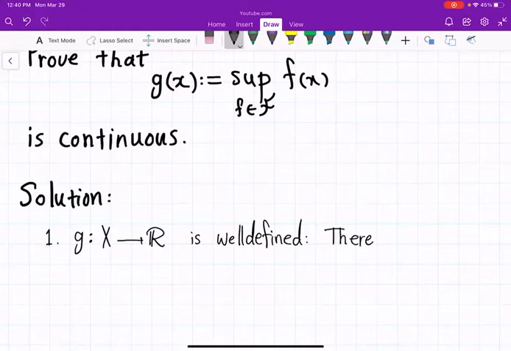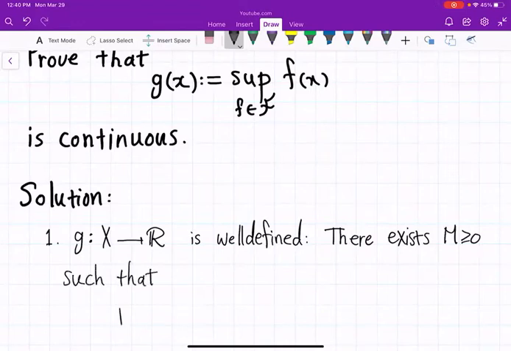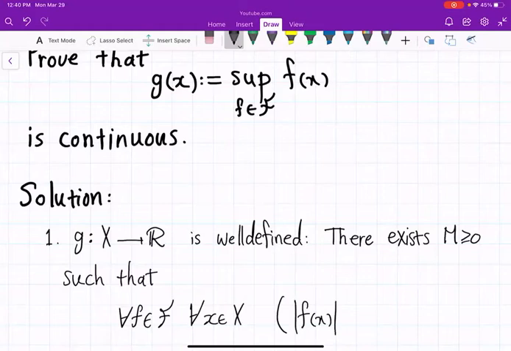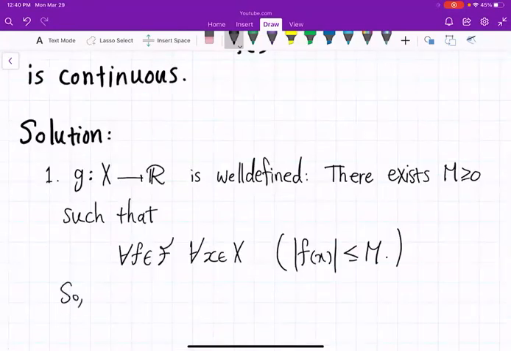By definition of uniform boundedness, there exists some non-negative number M such that for every function in my family, for every x in my metric space, f of x, this real value, is bounded in absolute value by M. As a result, g of x is a real number.